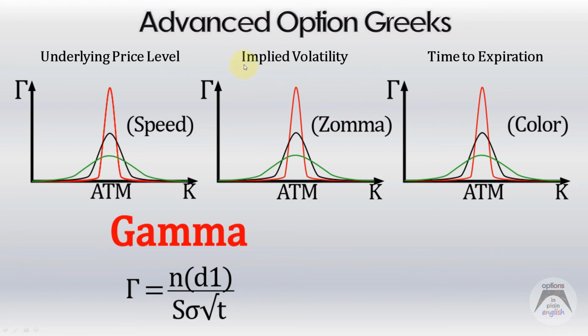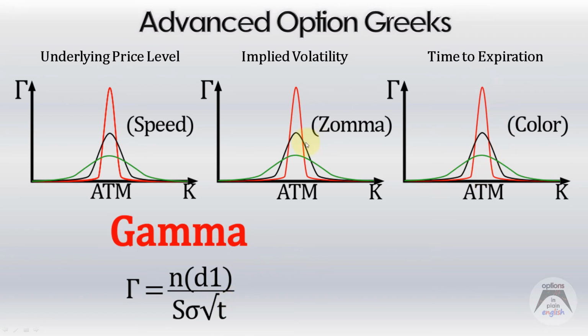Okay, so having more or less implied volatility is, in terms of gamma, the same as having more or less time to expiration. And if you look at the formula, it makes sense because the stock price is on the denominator, the implied volatility is also on the denominator, and the time to expiration is also on the denominator.